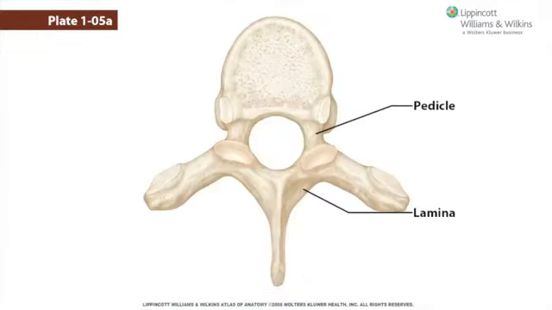The laminae continue posteromedially from the pedicles and meet at the midline. The posterior arch and the posterior margin of the body of a vertebra form the vertebral foramen. The sum of the vertebral foramina is the vertebral canal, through which passes the spinal cord.